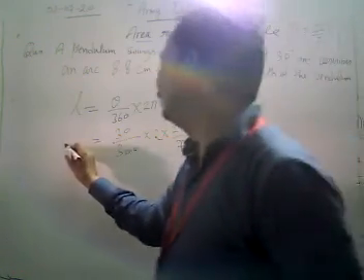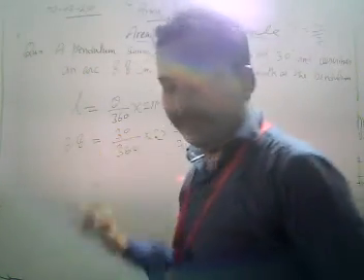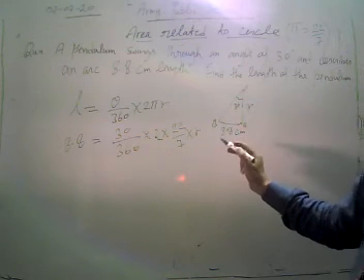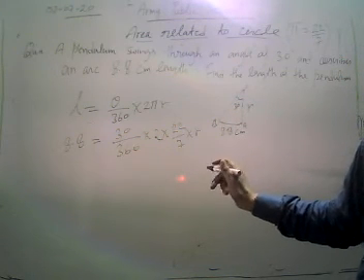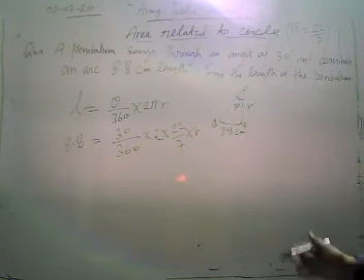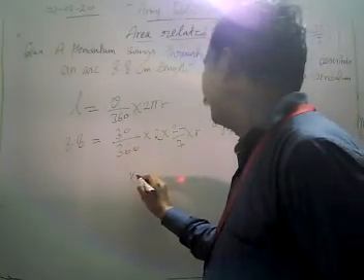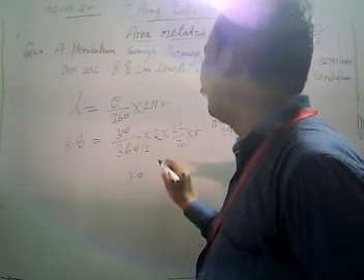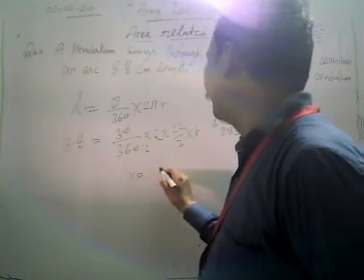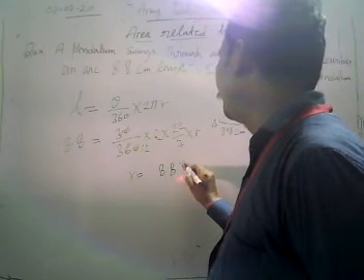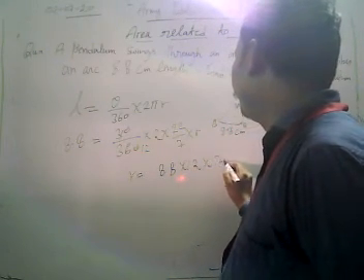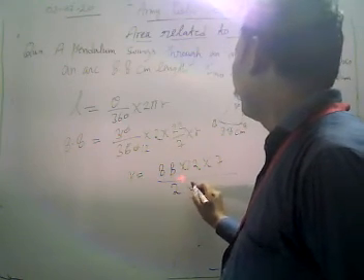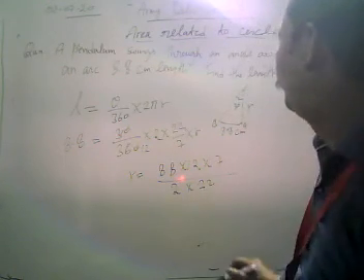The length given is 8.8. Now to find out r, we cancel out this 0, and we have 12 here. It's 8.8 into 12 into 7, divided by 2 into 22.